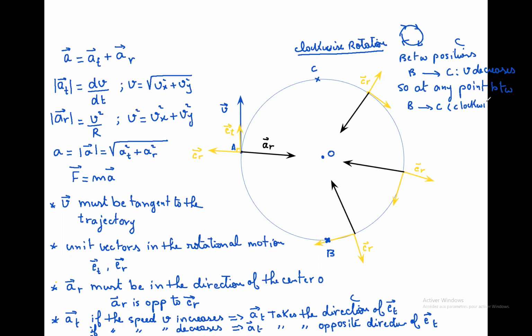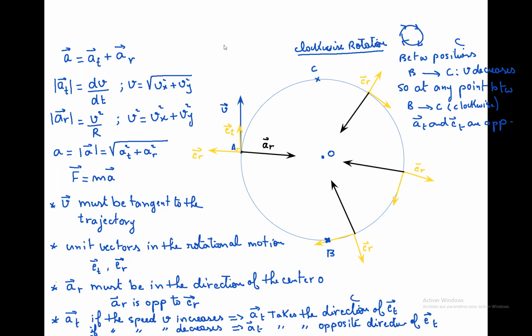We are talking clockwise from B to C, not B to C anti-clockwise. So at any point between B and C, AT and ET are opposite.